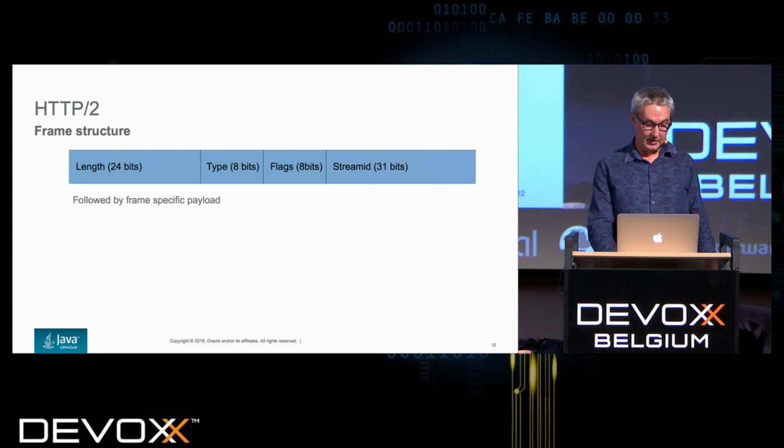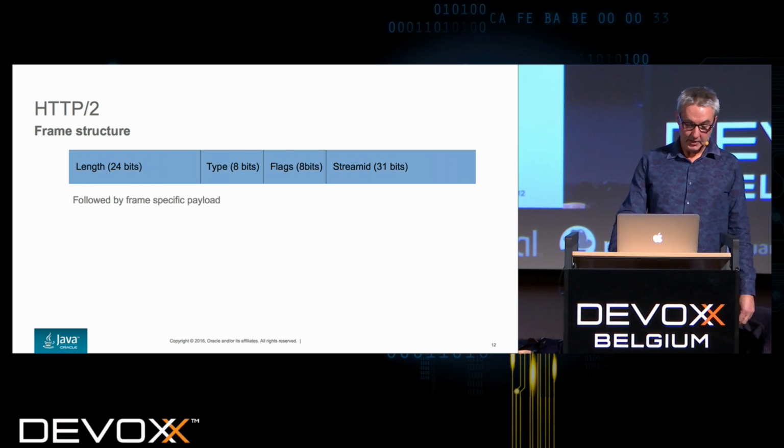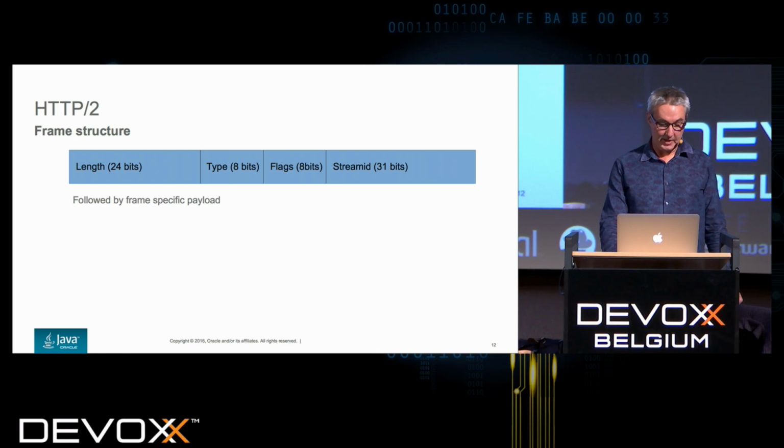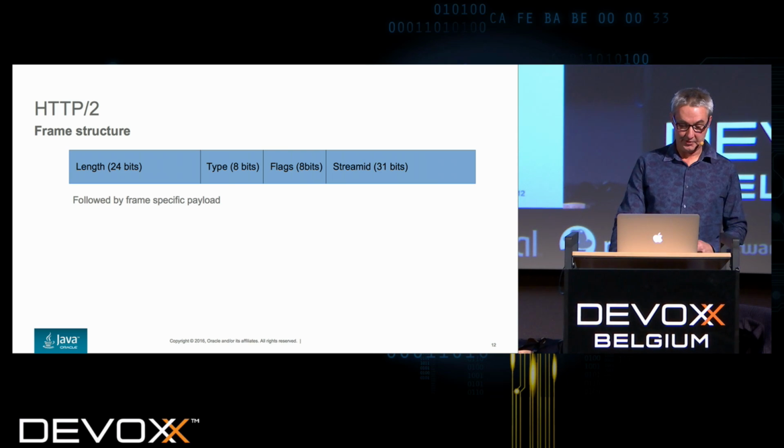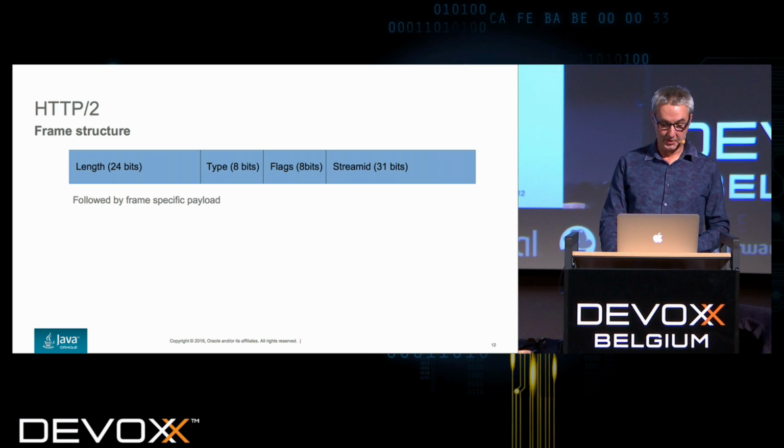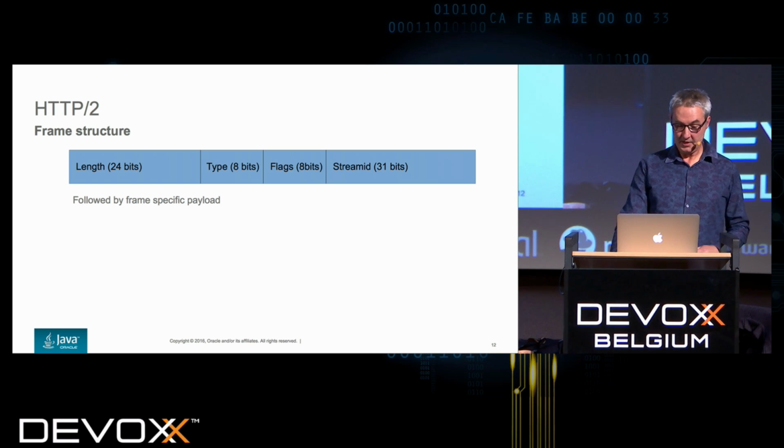Let's just take a quick look at the HTTP2 frame structure. Each frame comprises a fixed 9-byte header, followed by a frame-specific payload. So the first 3 bytes are a length field, so you have 24 bits of length. Then you have a type field of 8 bits. Now I think there are only roughly 10 frames defined at the moment, so there's plenty of headroom there.